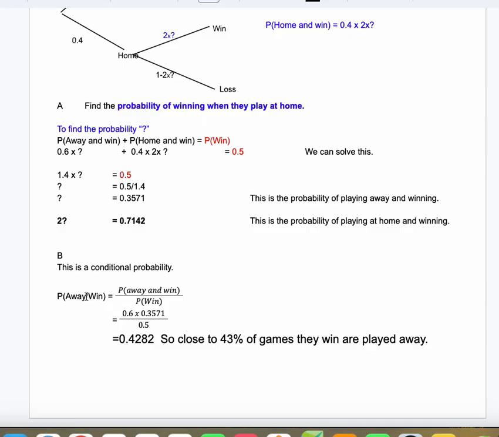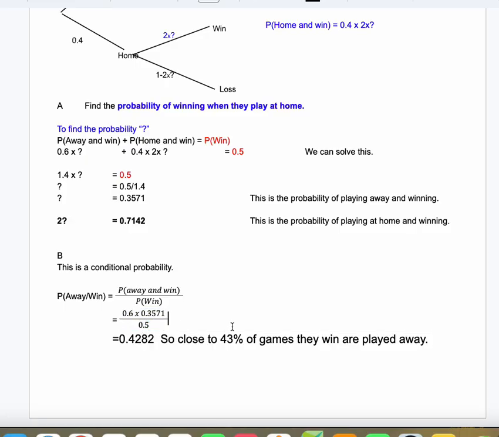So the probability that we're playing away, given that we have a win. Now, that would be the probability we're away and win over the probability that we win. Now, the probability we win is the 0.5. It's been there all along, so we're not going to reinvent the wheel. We're just going to put 0.5 on the bottom line.